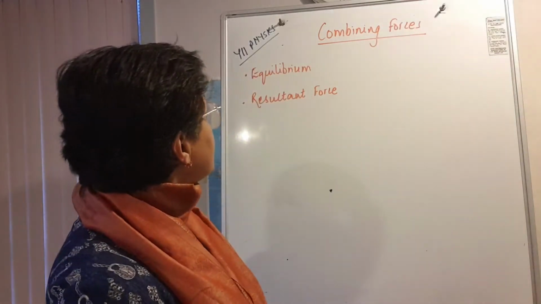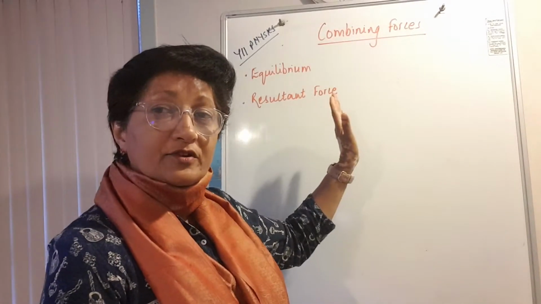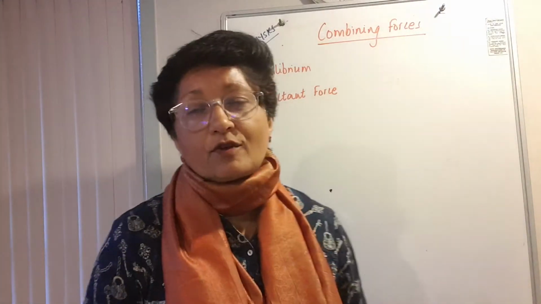Another lesson, and this one is about combining forces, and also we're going to look at the meaning of the word equilibrium, resultant force, and also about terminal velocity in this lesson. Whenever you have any object, there are lots and lots of forces acting on it, probably in all sorts of directions.